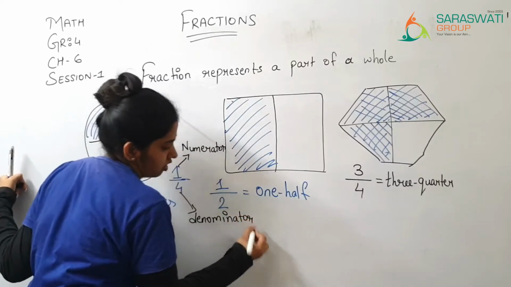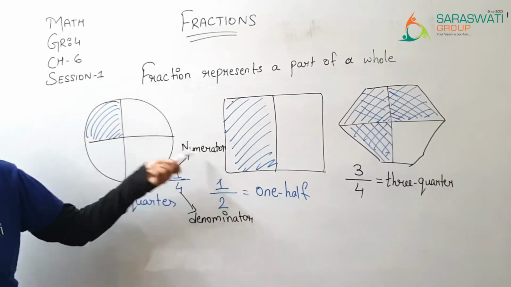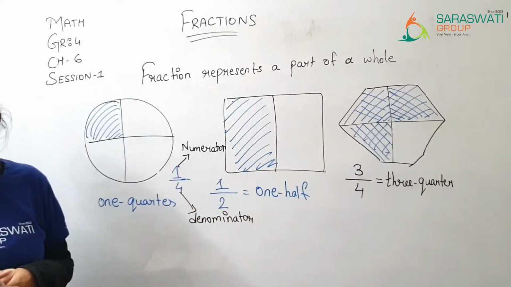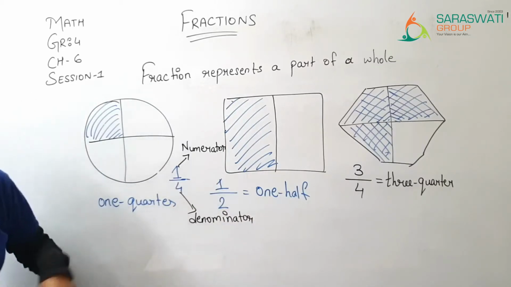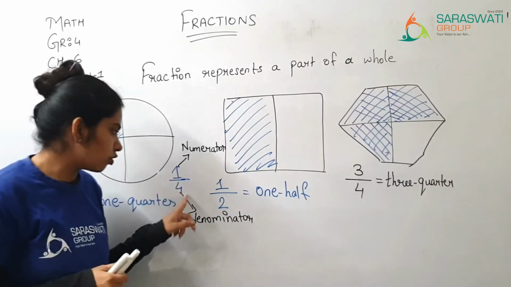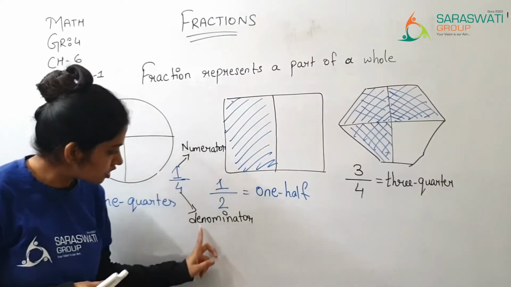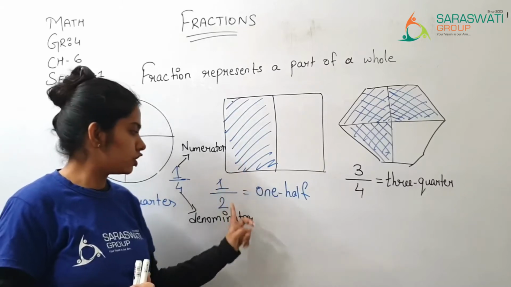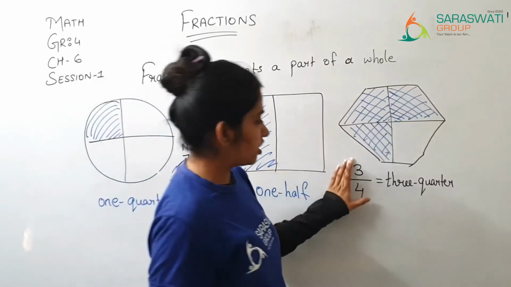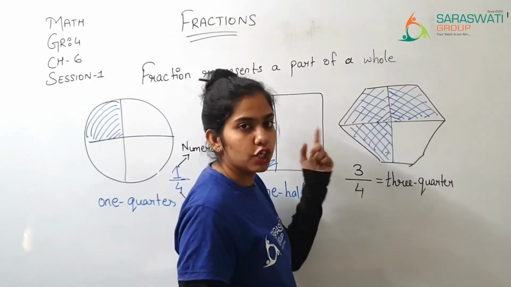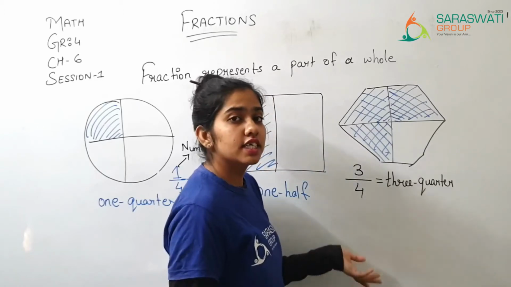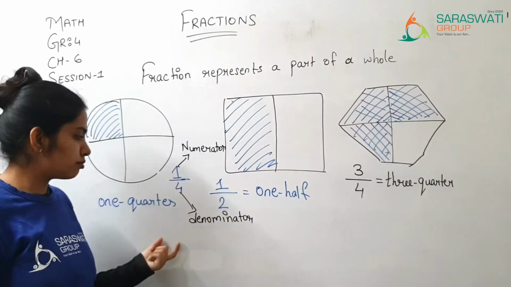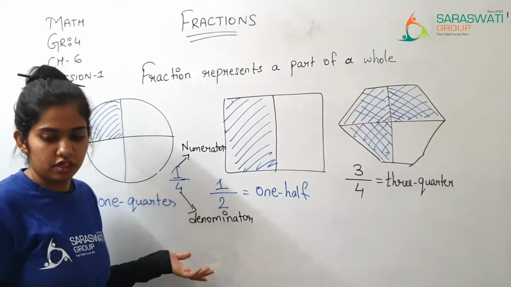So in 1/4, 1 is the numerator and 4 is the denominator. In half, 1 is the numerator and 2 is the denominator. In 3/4, 3 is the numerator and 4 is the denominator. So the top number is the numerator and the bottom number is the denominator.